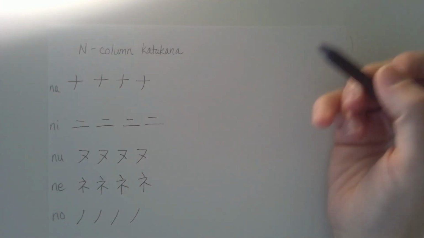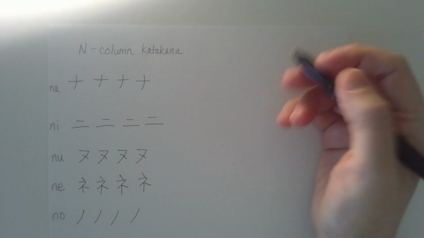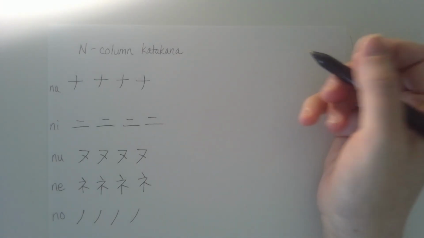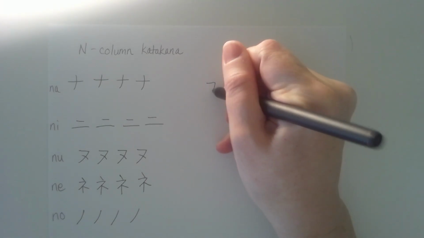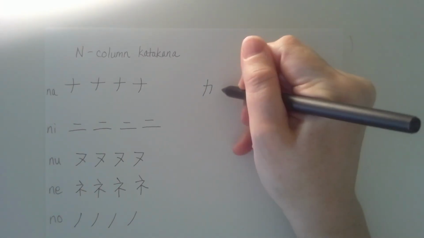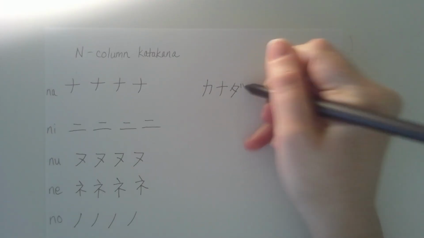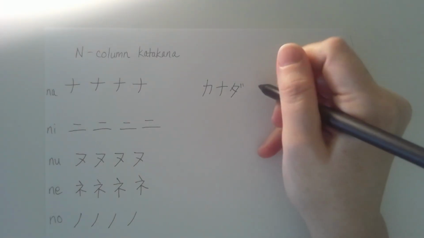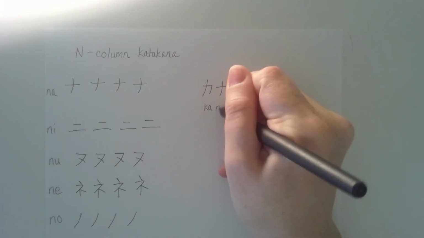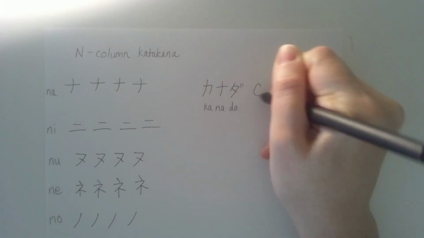Alright, so I got a word here for you. We're going to do the word Canada, which is Kanada. So we have ka, na, and da, which is a ta with dakuten. So that makes Kanada.